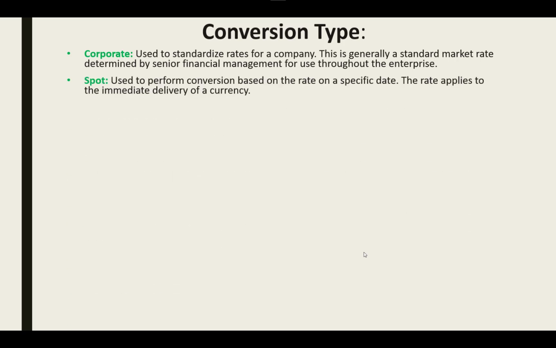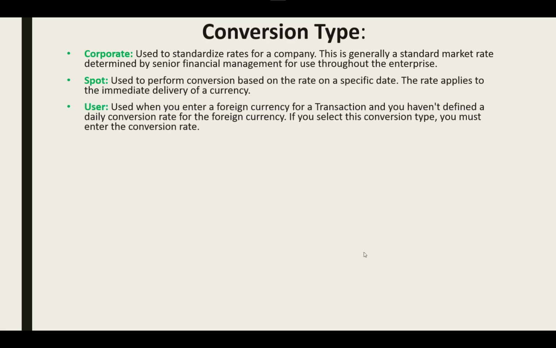Spot: its rate applies to immediate delivery of currency, meaning now this rate will be like this, and after some time it will change, so it's like the immediate delivery currency rate. User: you enter a foreign currency for a transaction and you haven't defined a daily conversion rate for the foreign currency.